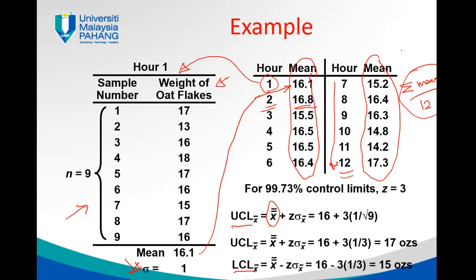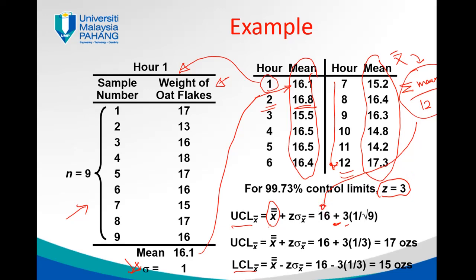When calculating x double bar here, this value is 16. Then plus z, which is equal to 3. This one is given; we can refer to the standard table that normally will be given.